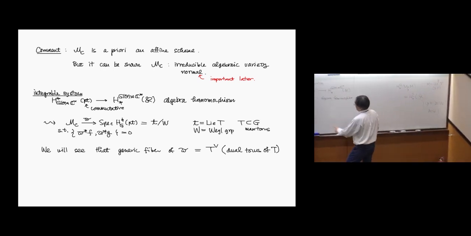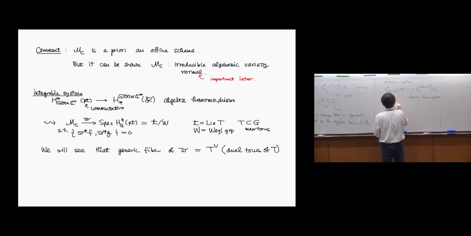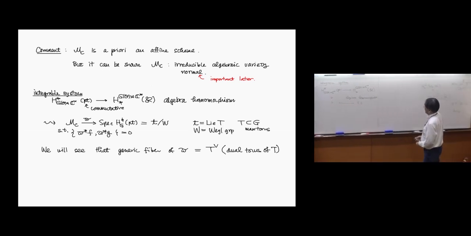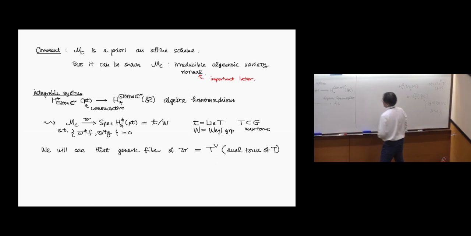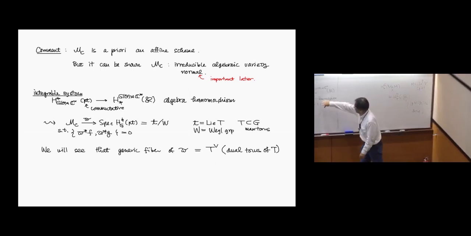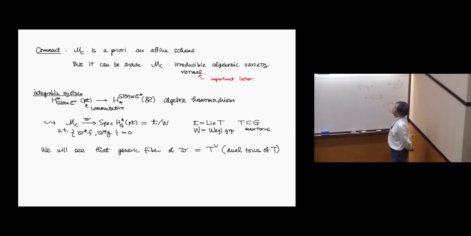If you have a scalar here, then you multiply the scalar to the unit, so you don't need to worry about the commutativity. The unit is the unit, so this is an algebra homomorphism.